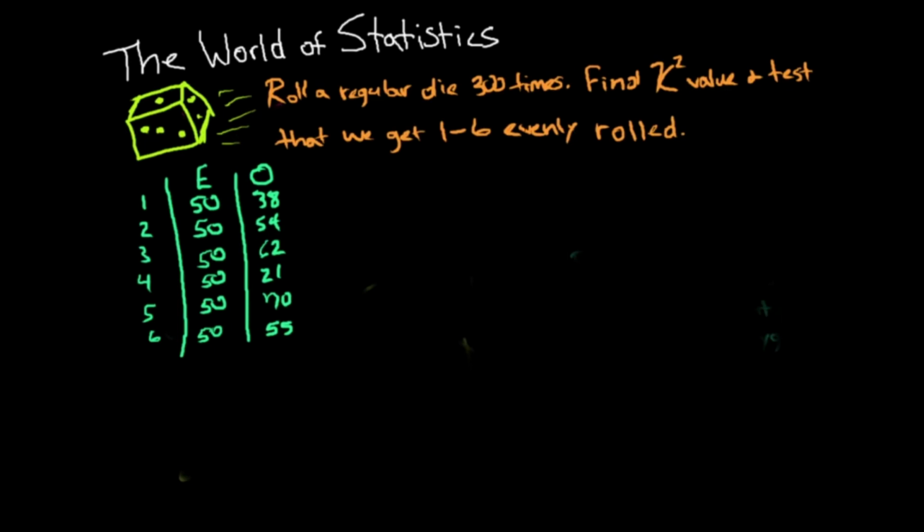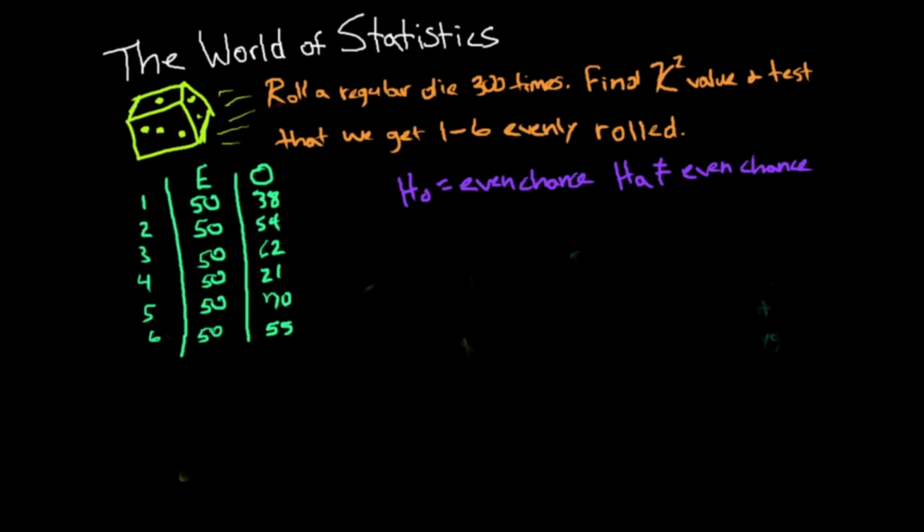So our hypothesis is that there is an even chance for each number, and the alternative would be that there's not an even chance. So this is what the hypothesis is set up as. We have an equal chance, we do not have an equal chance.